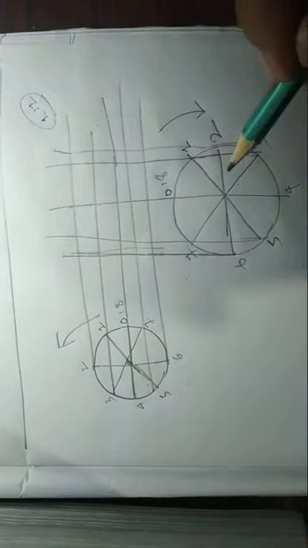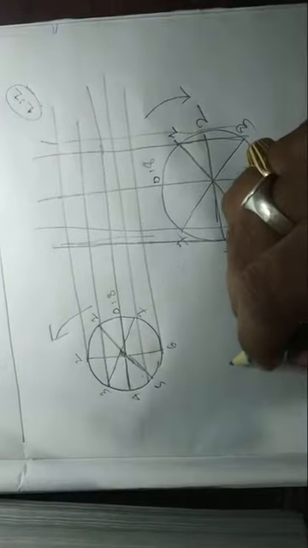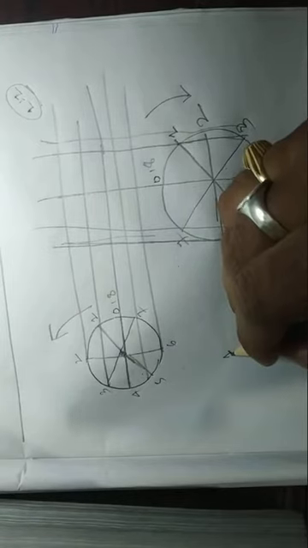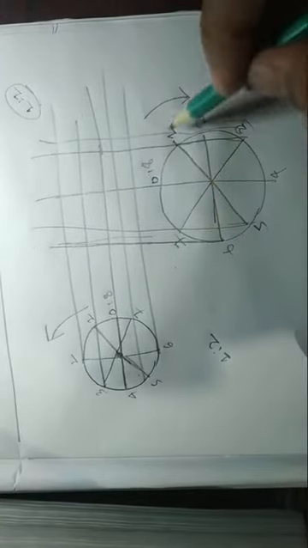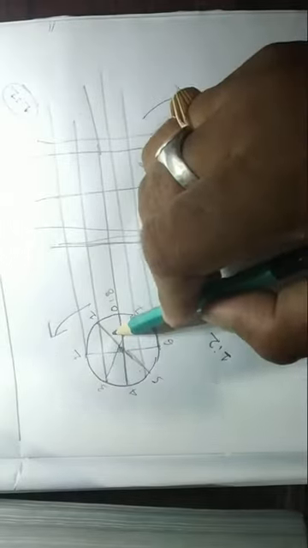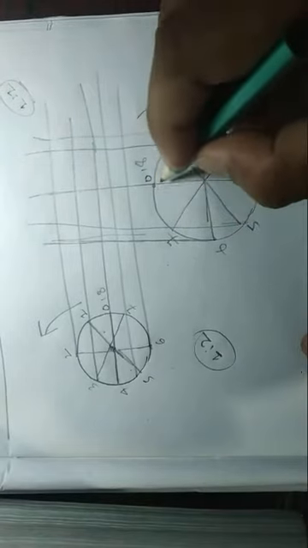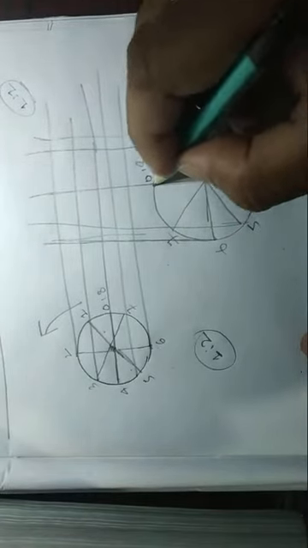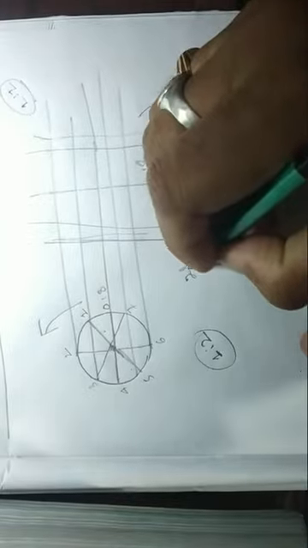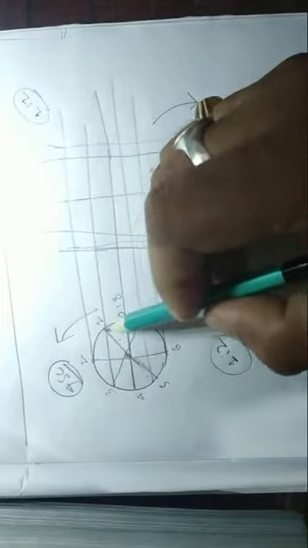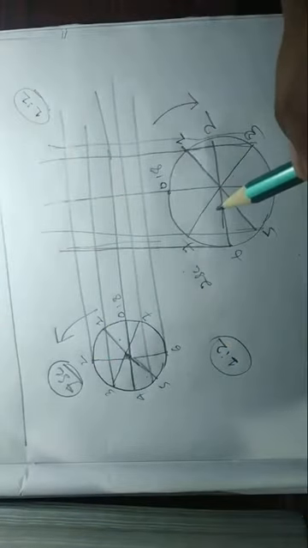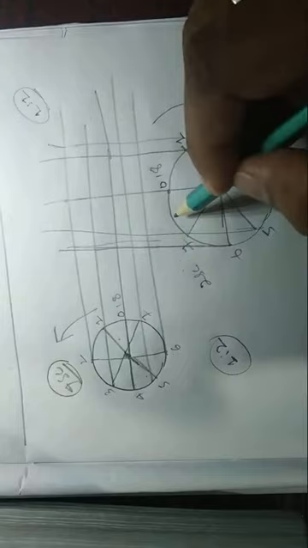Now for this case the angular velocity ratio is 1:2. That means it is moving 2 times faster than this one. Suppose for one complete rotation it is taking 4 seconds. That means one rotation of this one is equivalent to 2 rotations of the other particle.